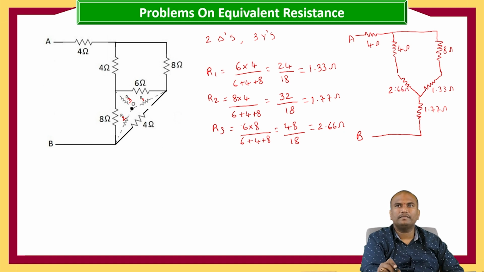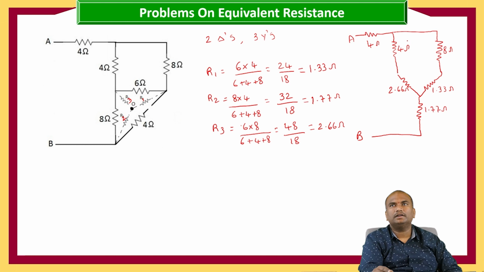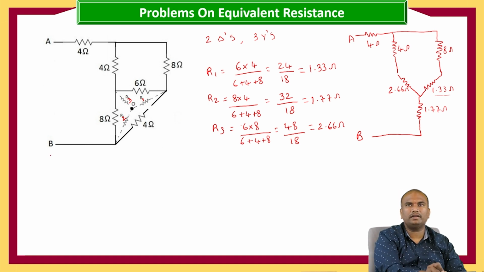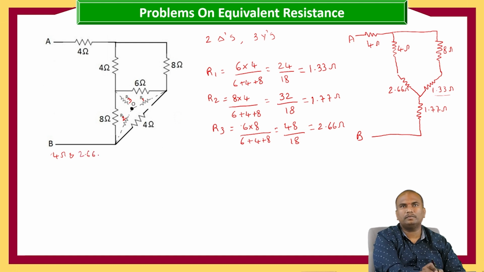2.66 ohms. Now, if you see this circuit, this 4 ohms and 2.66 ohms are in series, and 8 ohms and 1.33 ohms are in series.